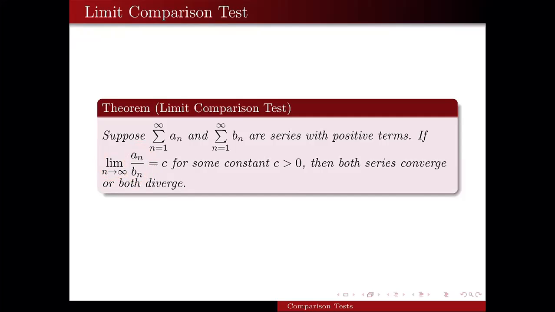If it is equal to a positive constant, take note of this, positive constant, then you have the same conclusion for these two series. They both converge or they both diverge. Okay?